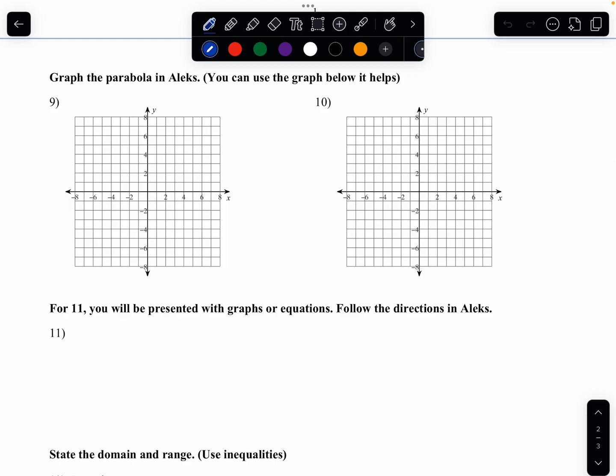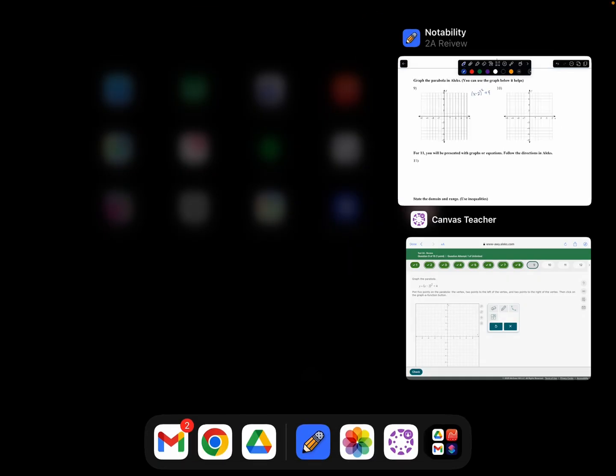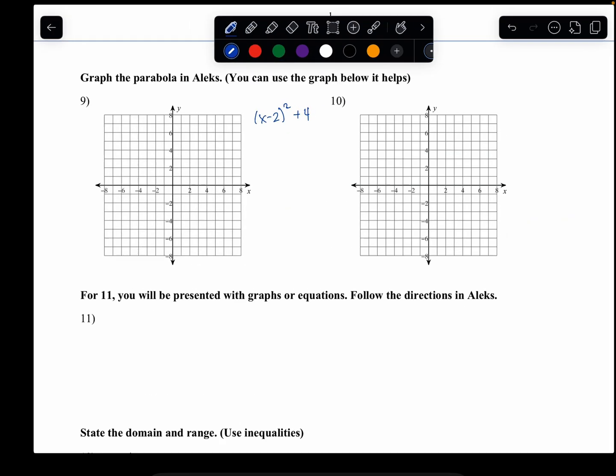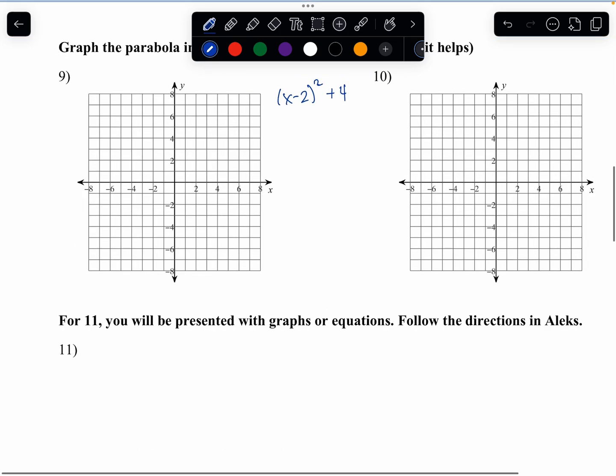So number 9, I had (x minus 2) squared plus 4, right? Yep. I kind of like to graph these on paper, and then I'll put it into ALEKS. So this is going to be a parabola where it's moved to the right 2, and then up 4: 1, 2, 3, 4. So that's where I'm going to put the vertex, right there.